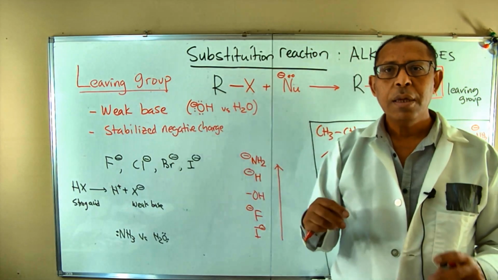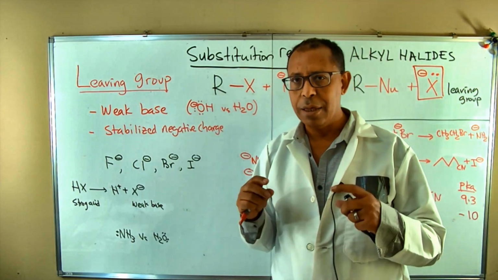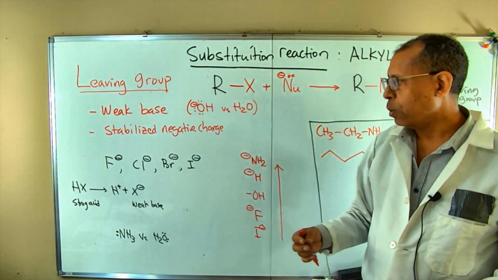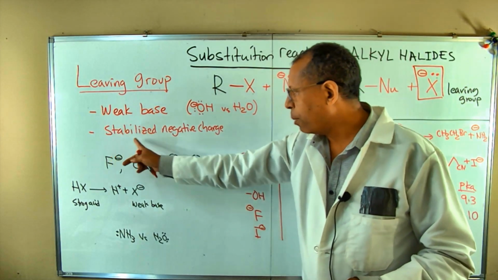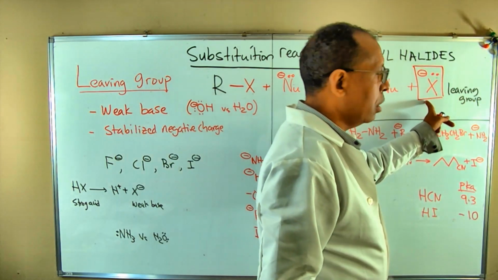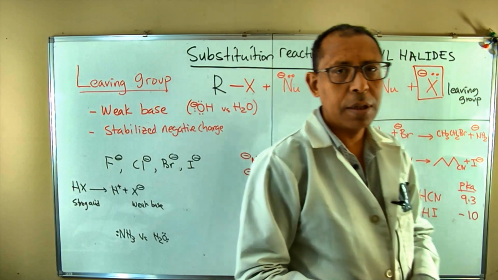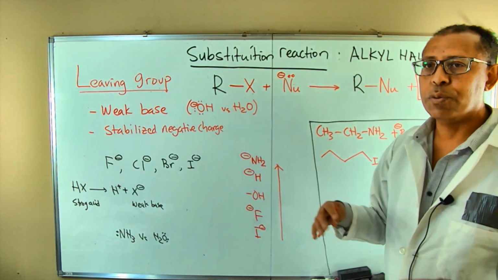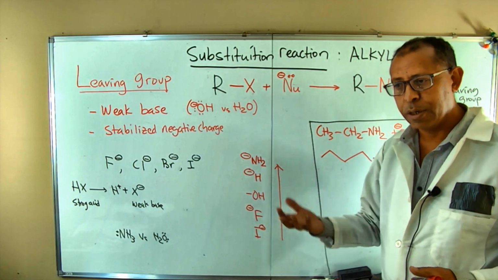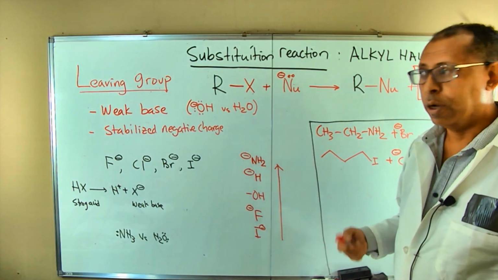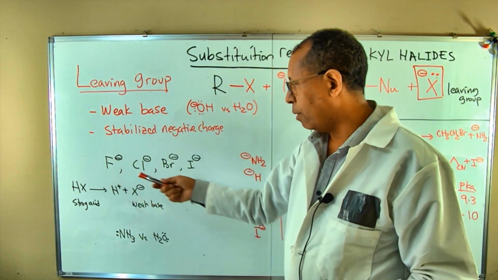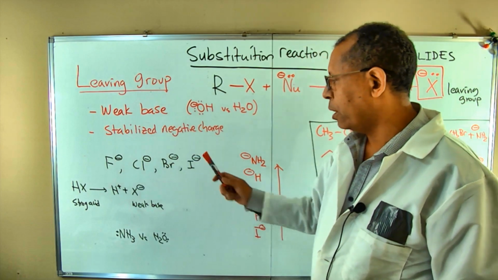When it leaves, we should check that it is a weaker base than the other group you are comparing with. And it should stabilize the negative charge, meaning that since you are generating X minus, or the negative charge, at the end of the reaction, if it is something that stabilizes the negative charge better, it would also be a good leaving group. Here I have brought some examples: fluoride, chloride, bromide, iodide.